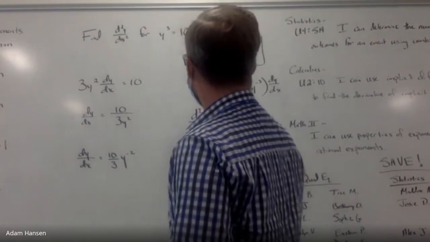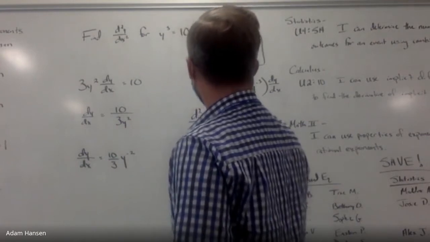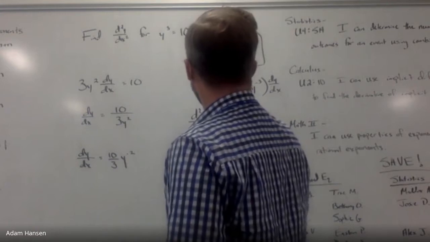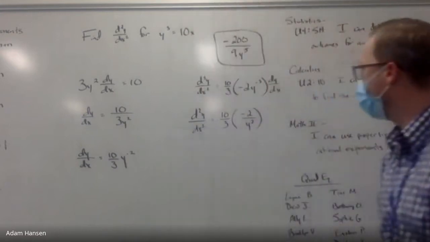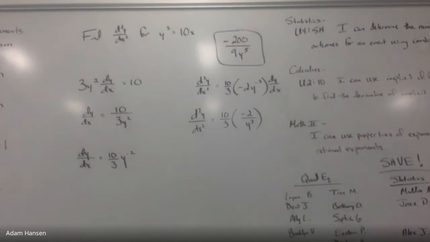Let's see here, 10 thirds times negative 2 over y cubed. How do I take care of the dy dx? What can I plug in for or replace dy dx with?